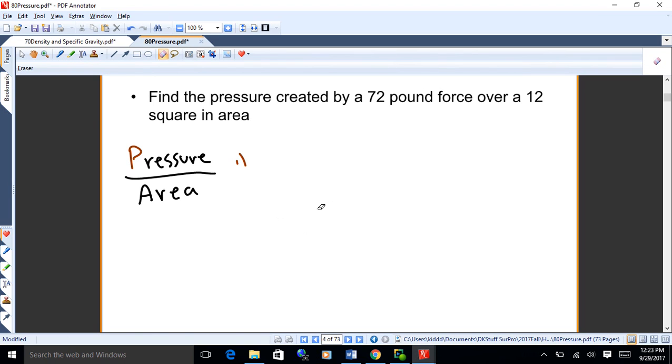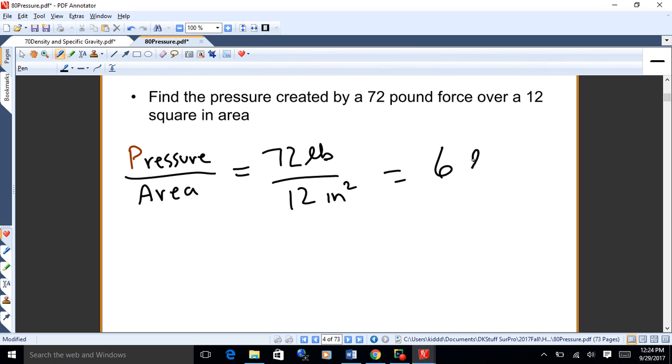What page is this problem on? 59, yeah. Okay, so we'll take the force over the area, so we'll have 72 pounds, and we'll divide it by 12 inches squared, and work the numbers, and you get 6 pounds per square inch, okay?